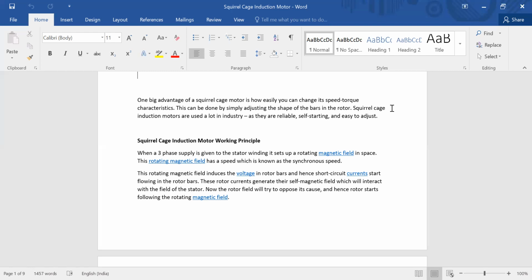This rotating magnetic field has a speed, which we call the synchronous speed.